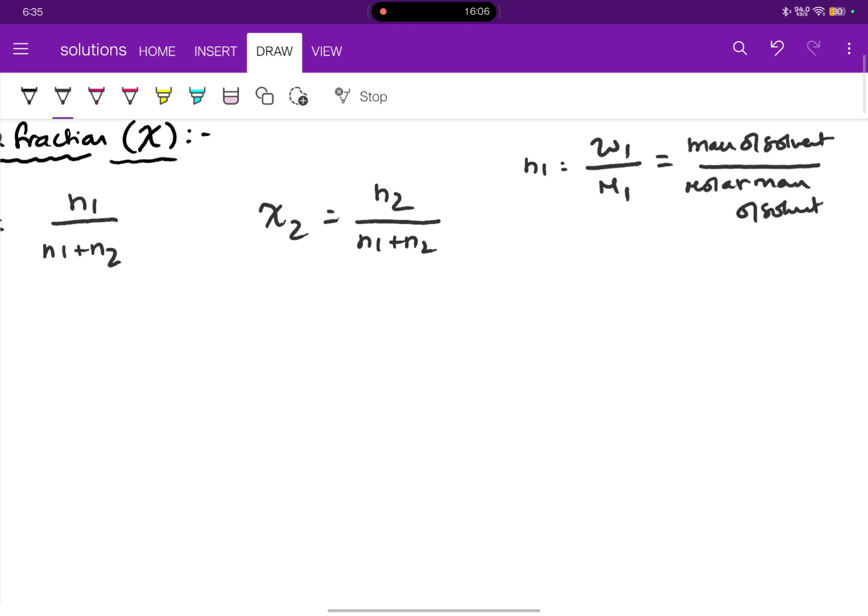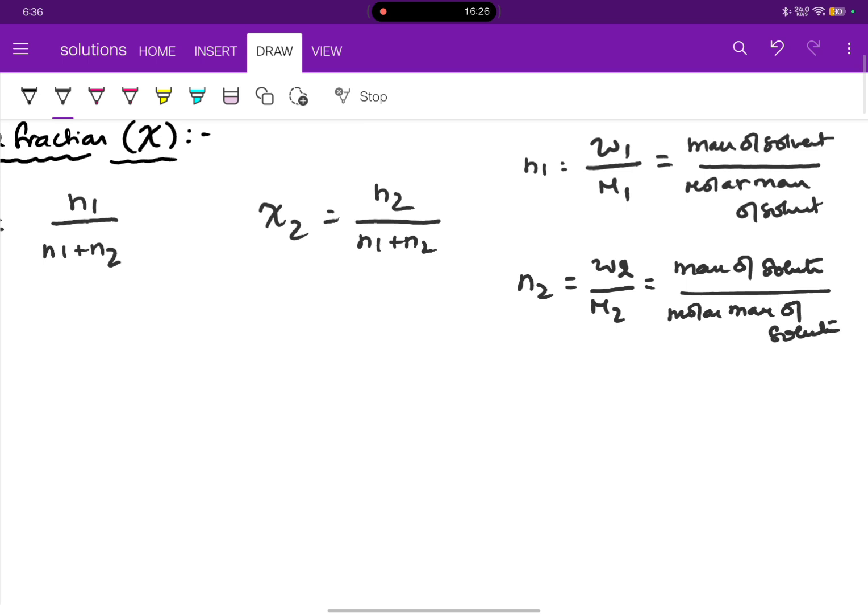Number of moles is given by mass by molar mass, correct? So n2 is equal to w2 by m2. So this is mass of solute divided by molar mass of solute.